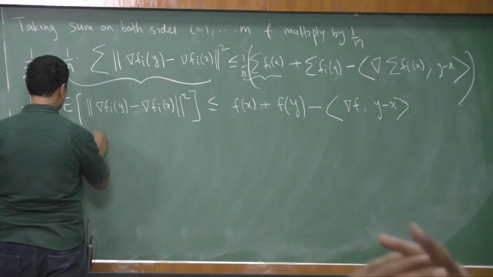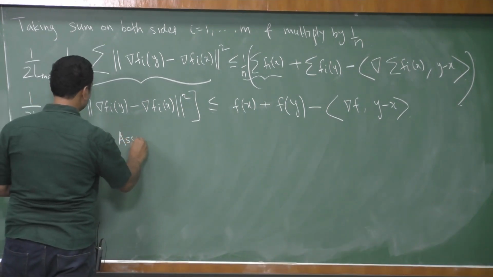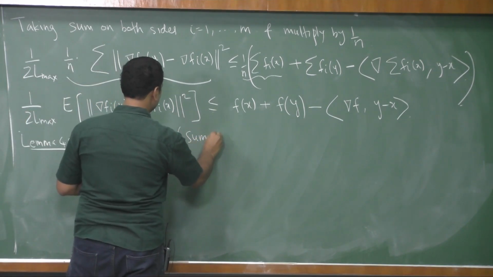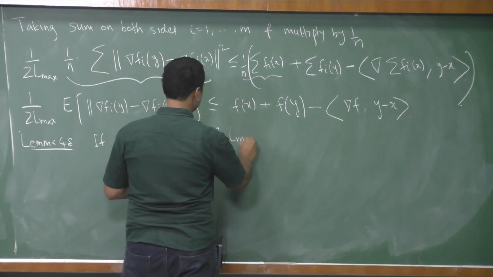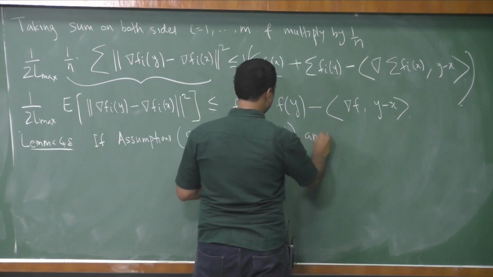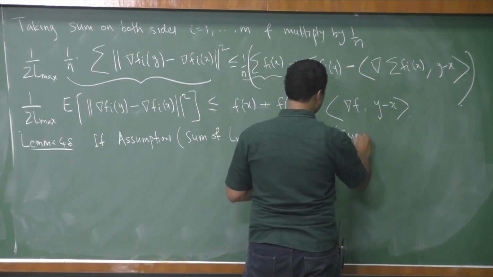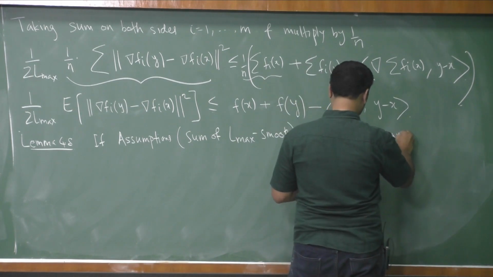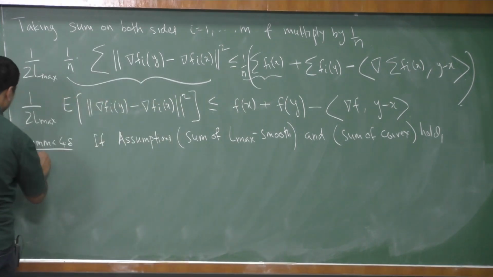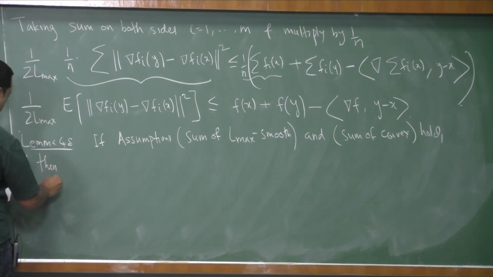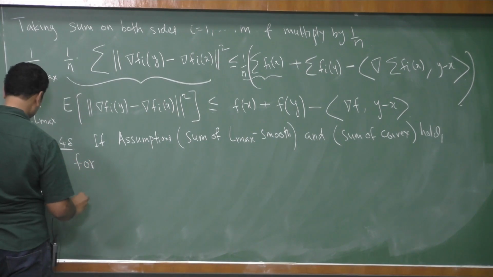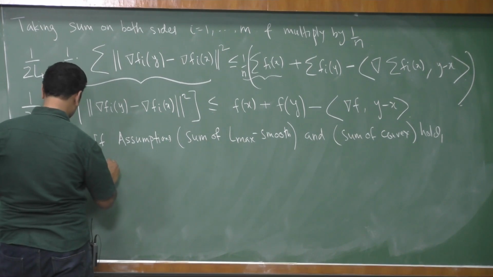So if the assumptions, sum of L max smooth and sum of convex hold, then for every, you see the charm of working on board, even if it takes 30 minutes more, it's much different than what you see on slides.